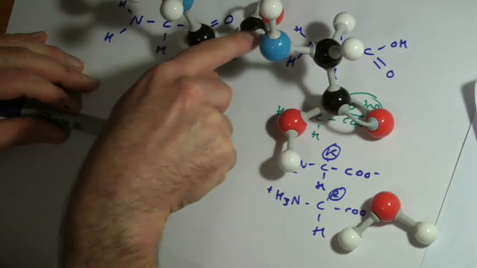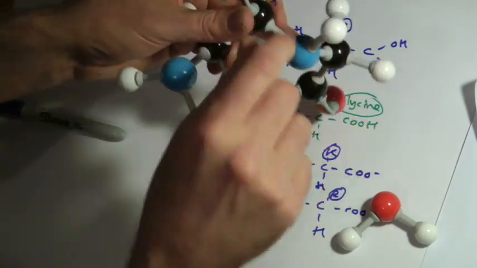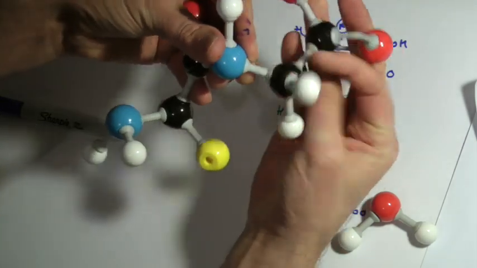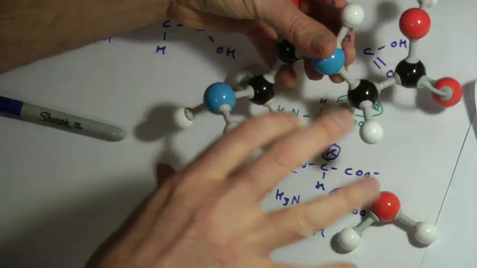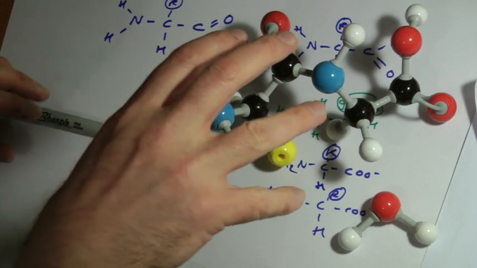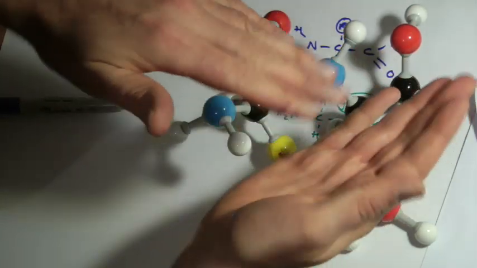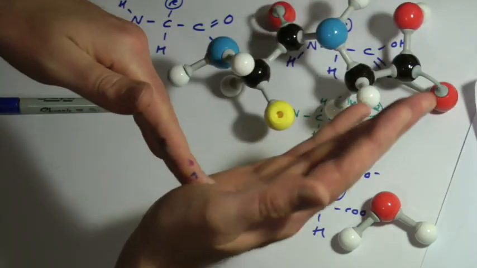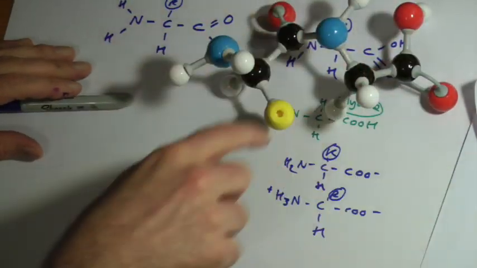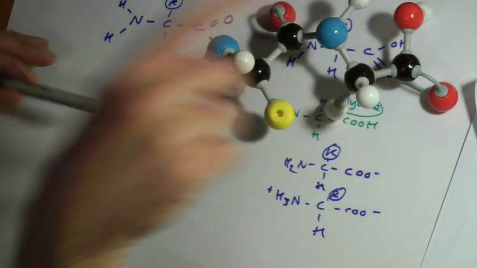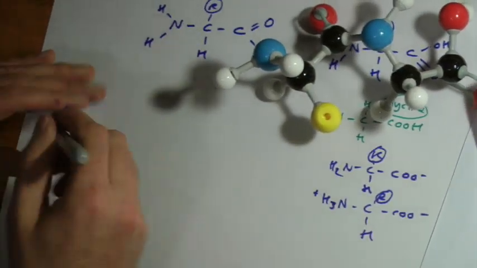In fact, this one here doesn't rotate very much at all. It's pretty stable, it stays where it is, but the others can. And when you're talking about the tertiary structure of a protein, as these amino acids form, they will bend and form shapes specific to what these R groups are. That's what's happening at the molecular level.